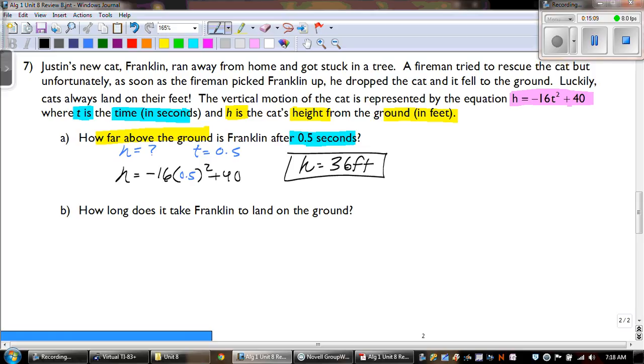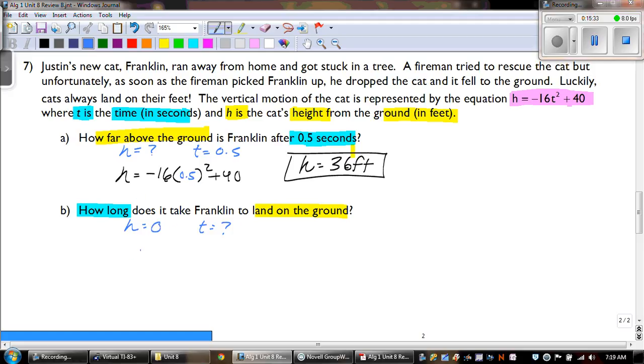How long does it take for Franklin to land on the ground? Well, how long, that's where they're talking about the time and land on the ground. So they didn't give us any numbers, but technically they did. They don't tell us the time, but when the cat lands on the ground, what's the height of the ground? 0.